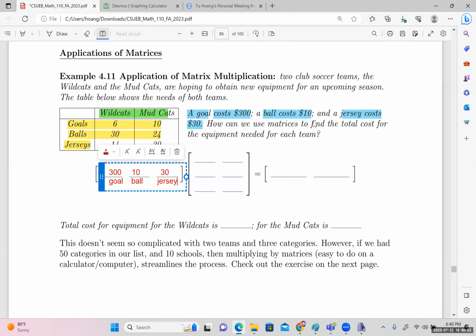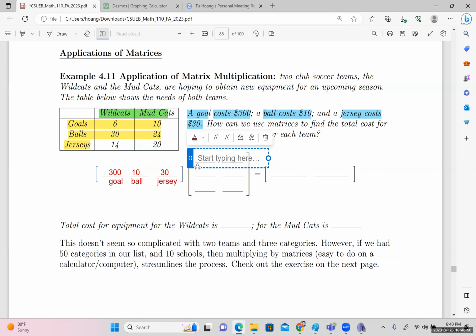The second matrix is 3 by 2. I'm going to use this as Wheelcast, and then this is Mudcast.